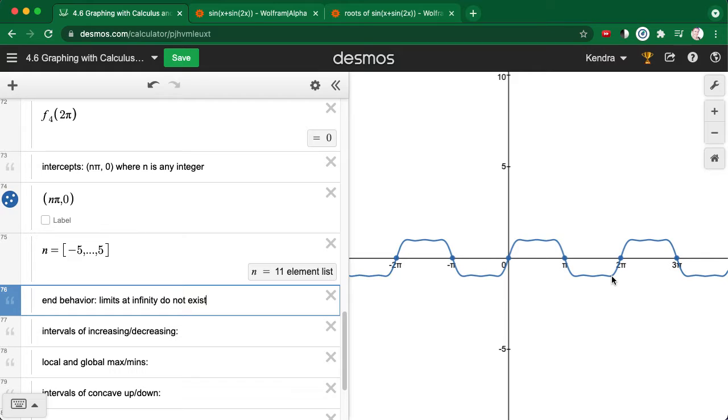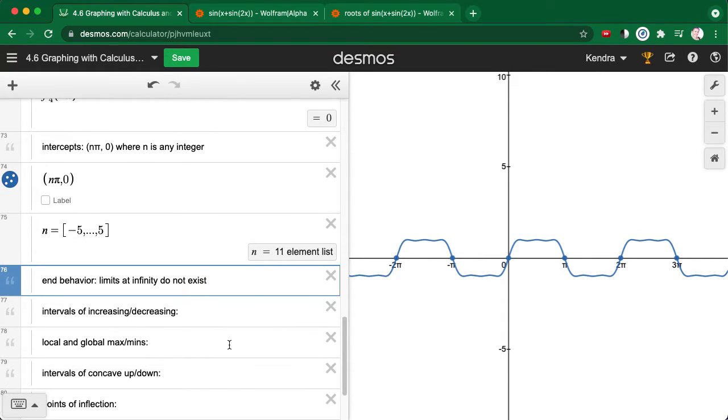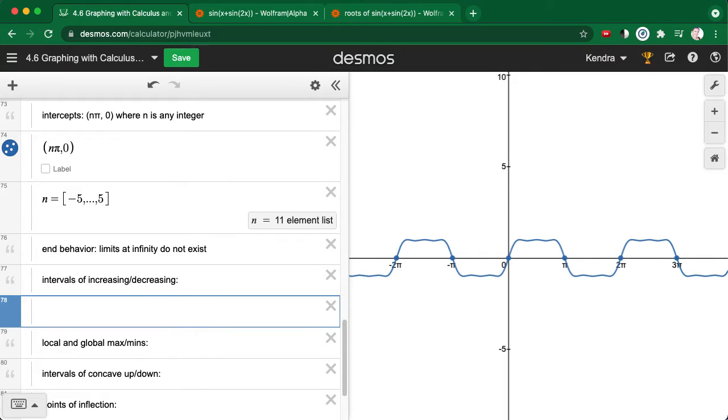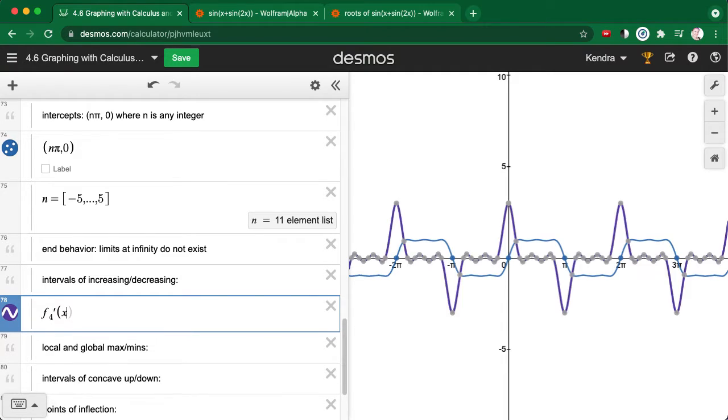Okay, intervals of increasing and decreasing. This is where we need to get a derivative in here. Let's go ahead and try just looking at the derivative as Desmos graphs it. This is pretty interesting.